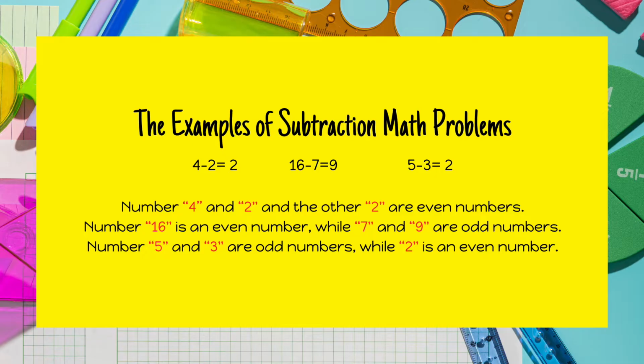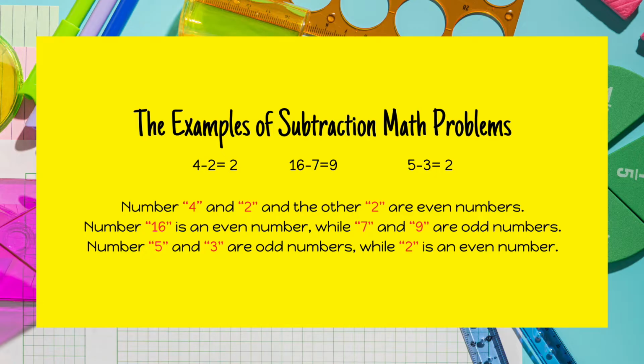So, the first example of a subtraction math problem is 4 minus 2 equals 2. And we know that both 4 and 2 are even numbers, just like the answer 2 is an even number. So the pattern that is illustrated here is an even number minus an even number equals an even number.